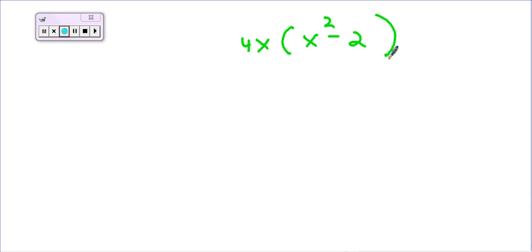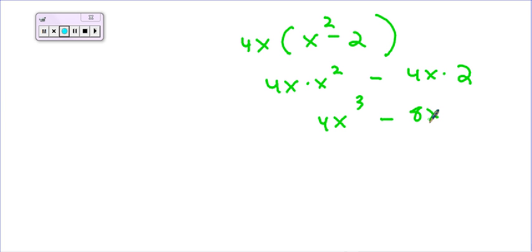All we need to do is distribute the 4x to both terms inside the parentheses. So 4x times x squared minus 4x times 2. That would be 4x cubed, because x times x squared is x to the third power, minus 8x, because 4 times 2 is 8.